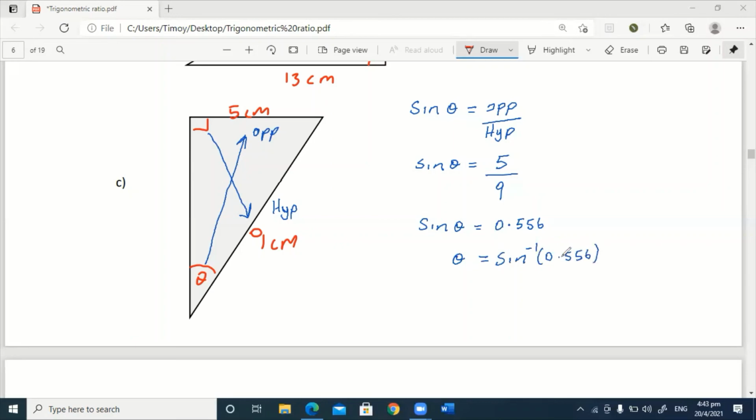All you need to do is to put this on your calculator. When you do that, your expected angle is going to be 33.8 degrees. And that's it.